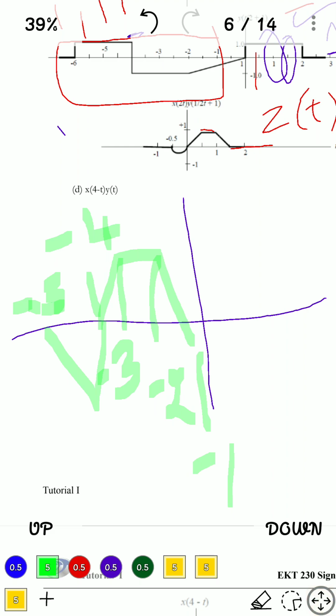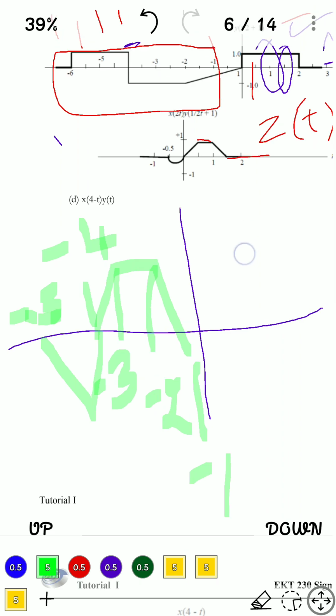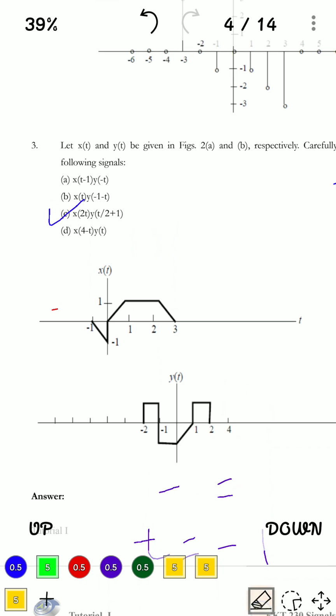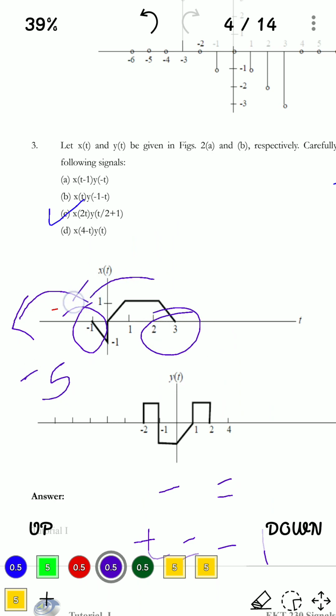That is, you shift the original signal x of t by 4 places to the left. In the original signal, it starts from minus 1. When you shift minus 1 by 4 places to the left, you get minus 5, and when you shift 3 by 4 places, you get minus 1.